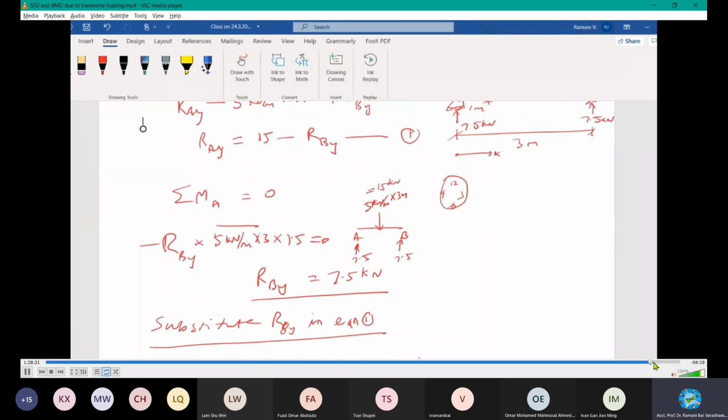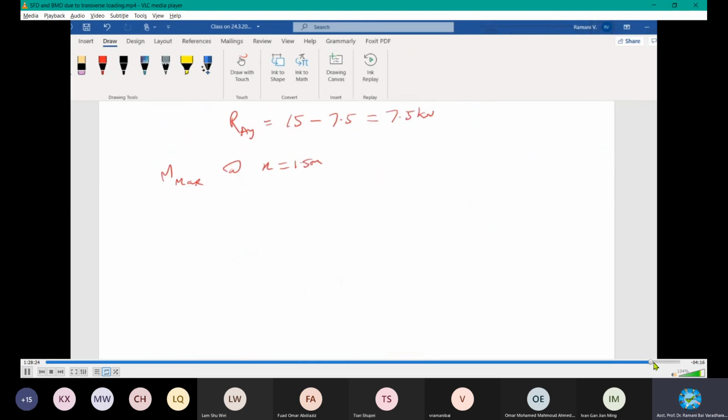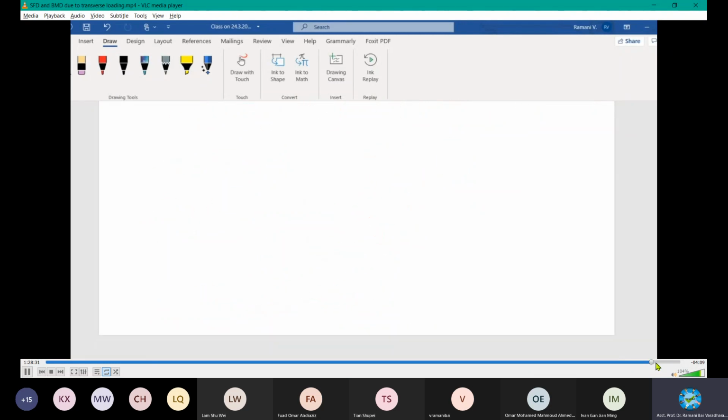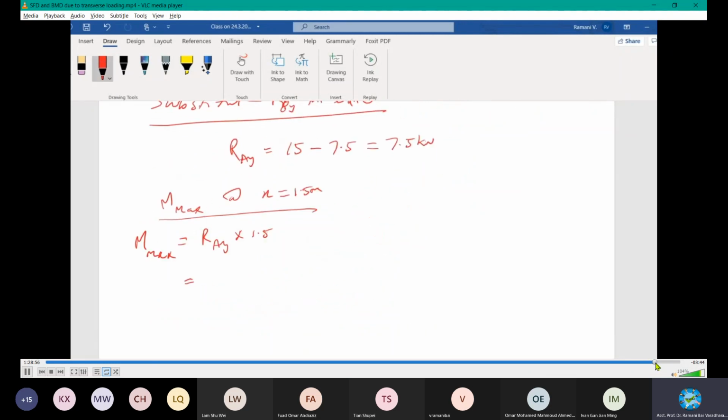From support A, it will be the reaction and the loading between these 2 points. The reaction will be RAY times 1.5. There is another loading also occurring. You have one reaction, RAY only, which I have already found as 7.5. So 7.5 kilonewtons acting here, and then there is a UDL between A and the middle point, at 1.5 distance.